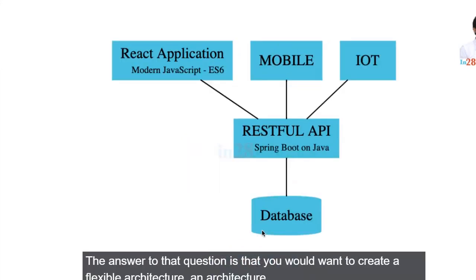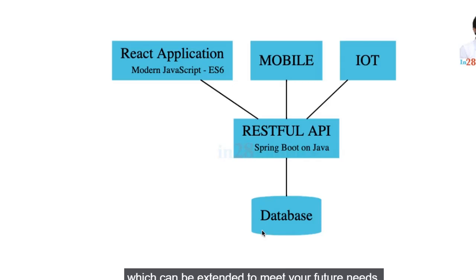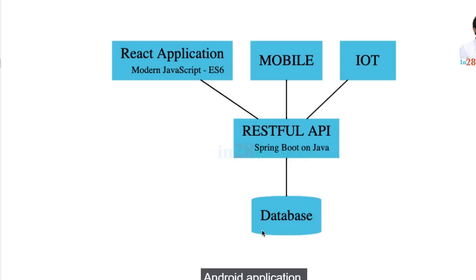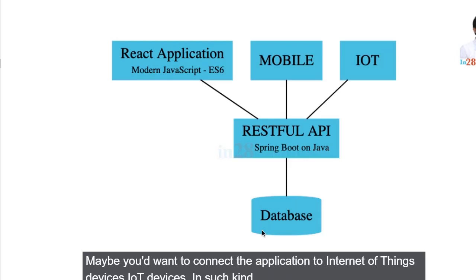The answer to that question is that you want to create a flexible architecture, an architecture which can be extended to meet your future needs. Let's imagine you'd want to develop a native mobile application in future, let's say an iPhone app or an Android application. Maybe you'd want to connect your application to Internet of Things devices, IoT devices.